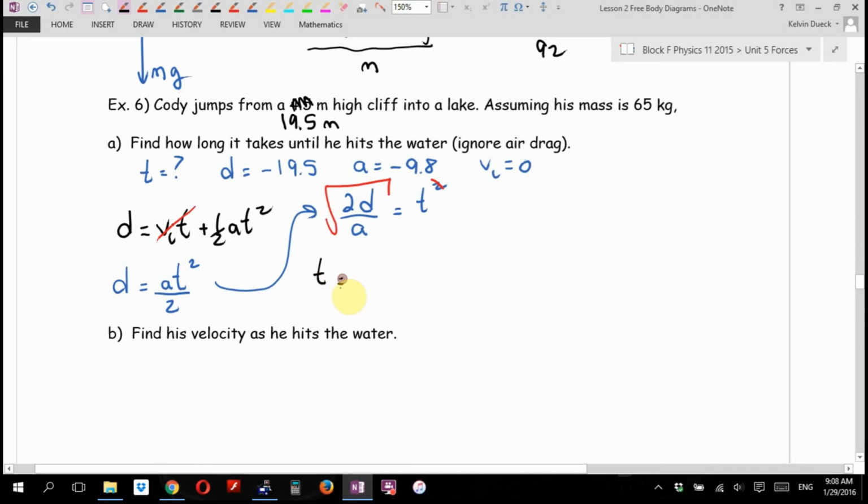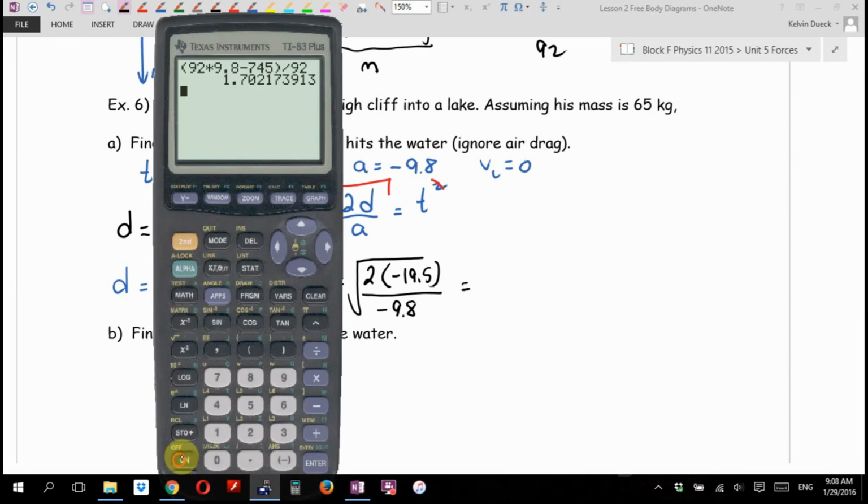I think the time till we hit the water is going to be 2 times negative 19.5 divided by negative 9.8, square root. Equals square root answer button.